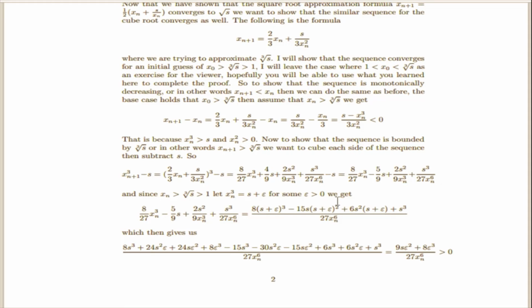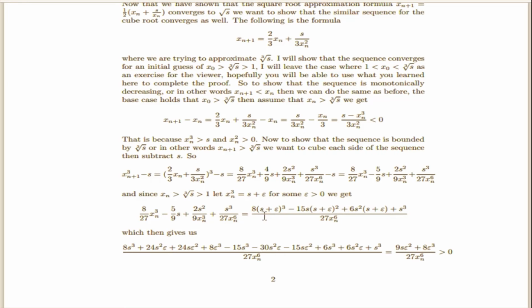So we get 8/27 x sub n cubed minus 5/9 s plus 2s squared over 9x sub n cubed plus s cubed over 27x sub n to the 6th, which you can get a common denominator of x sub n to the 6th, and you can plug in s plus epsilon for every x sub n cubed.